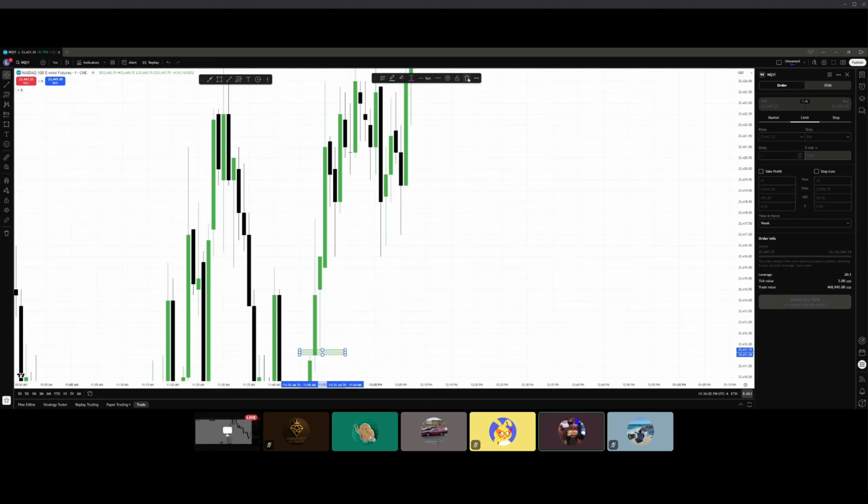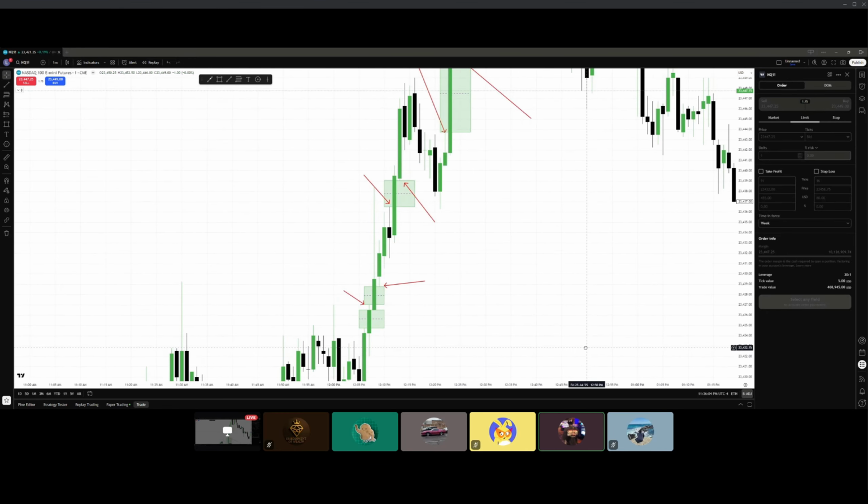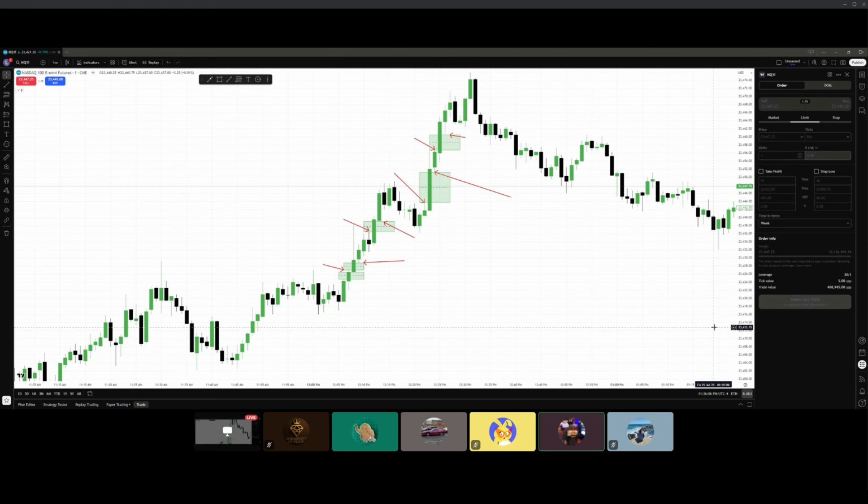Cool. So I have a pretty good understanding of regular fair value gaps, bearish fair value gaps, inverted fair value gaps, order blocks now. And then it really clicked to me on this call about having all of the confluences together that gives you the confirmation to take that trade.